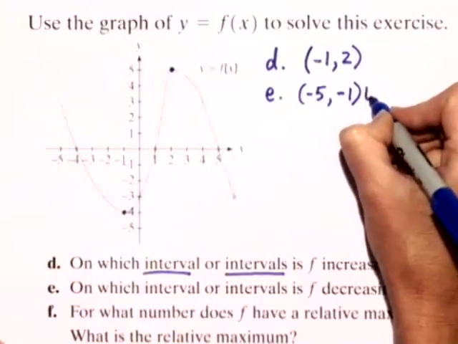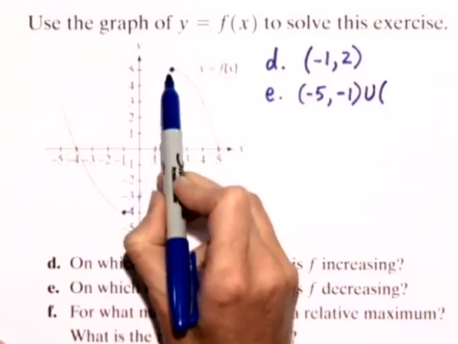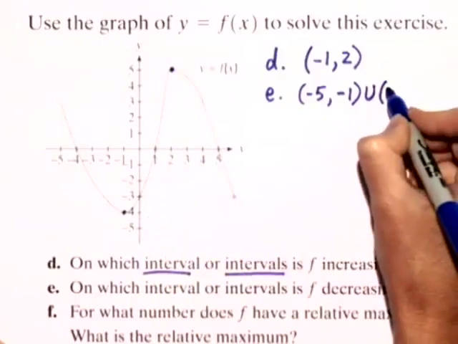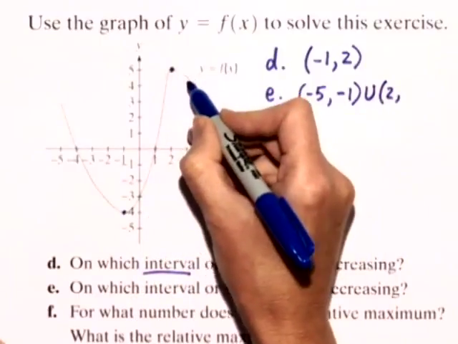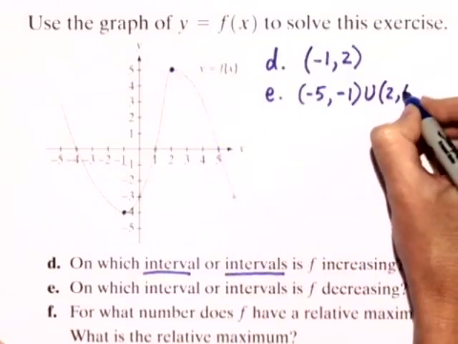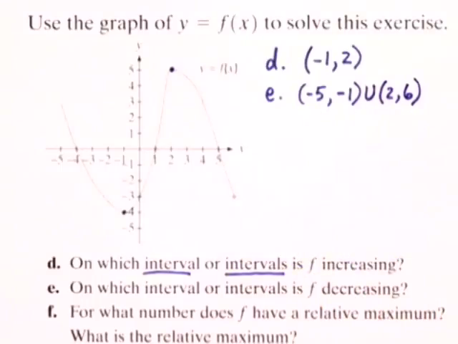Also, we can do a union. It's decreasing on another interval. It looks like right here when the x value is 2, all the way till the end of the graph when the x value we see is 6. So it's decreasing on those two open intervals.